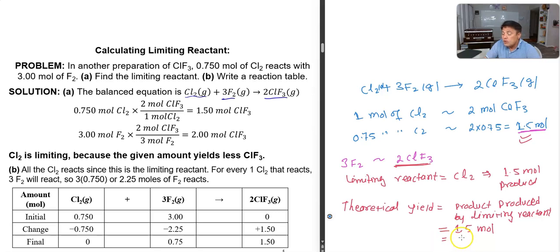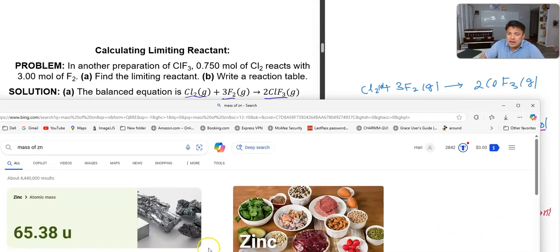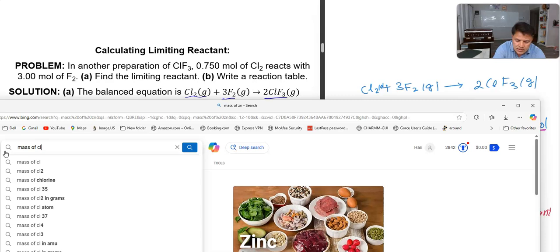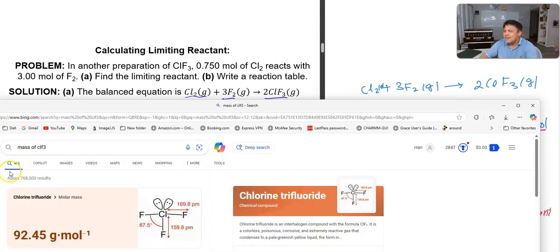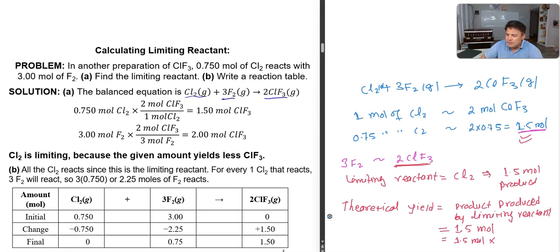That is equal to 1.5 mole times, now if you convert it into the gram, the ClF3 mass. Now let me calculate the mass of ClF3, asking the AI. Okay, see, very nice AI, right? Artificial intelligence, right? See, now 92.45 gram per mole.